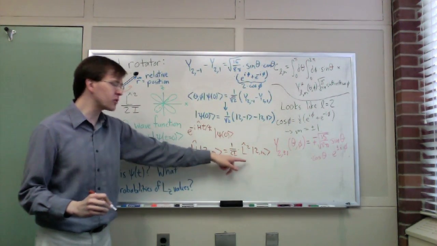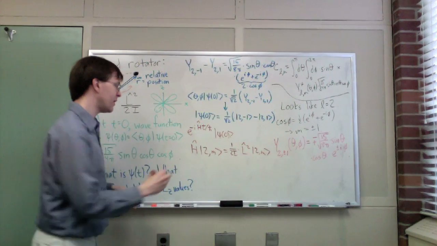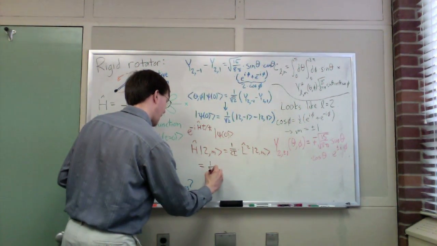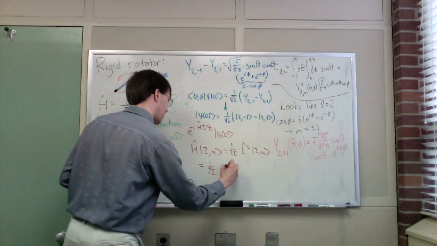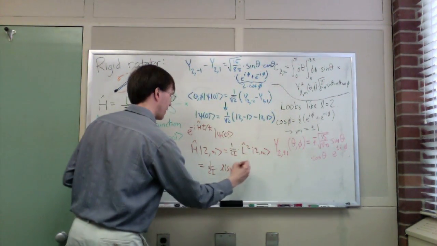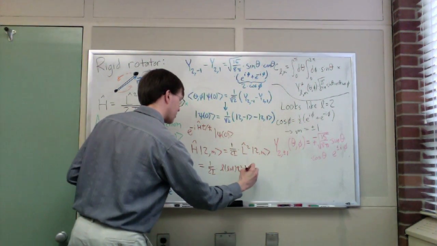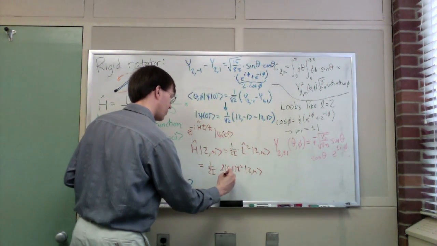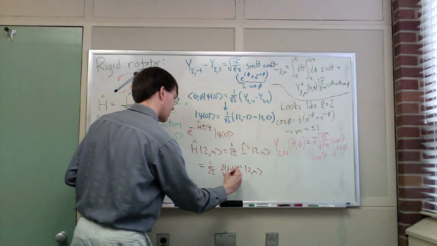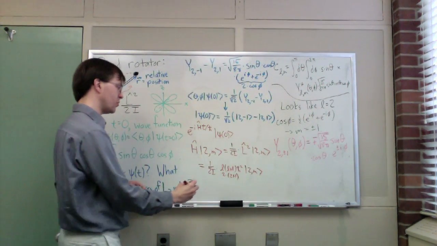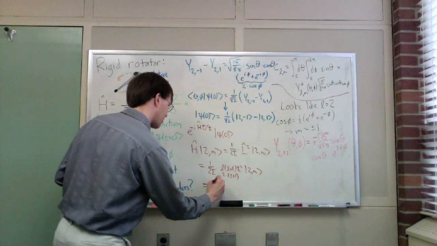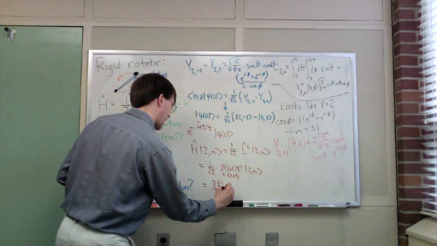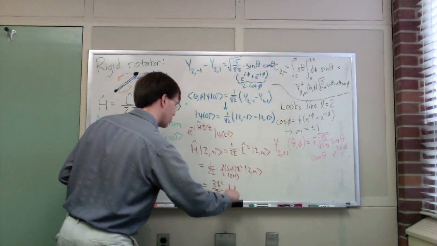And since this is total angular momentum, it only cares about L. In particular, this equals 1 over 2I times L(L+1) h bar squared times the original state, 2, m. And of course my L is 2. 2 times (2 plus 1) divided by 2, this whole thing gives me 3 h bar squared over I times my original state of 2 comma m.